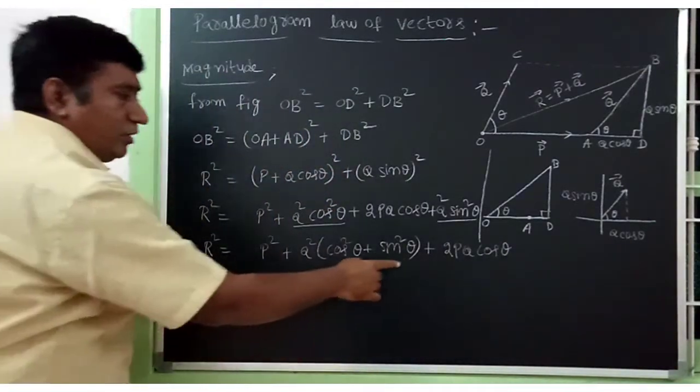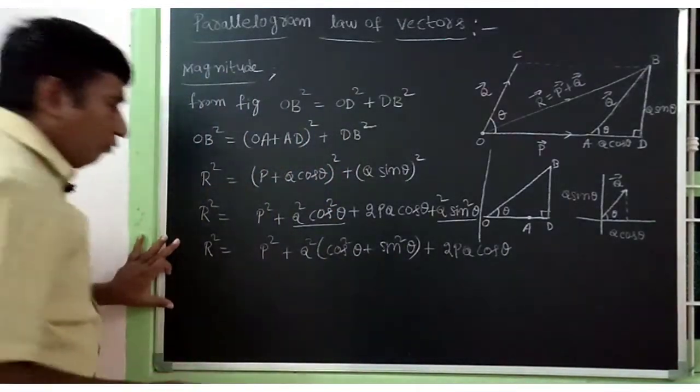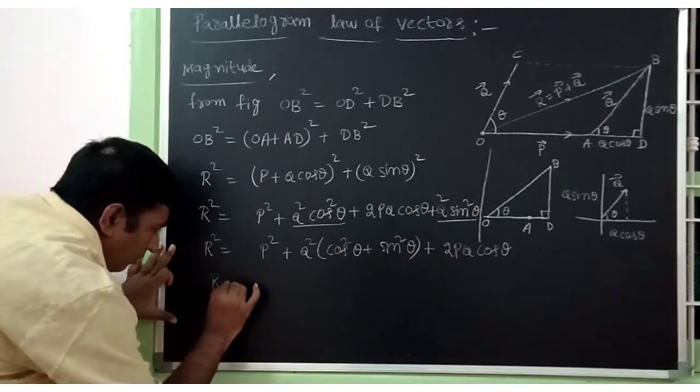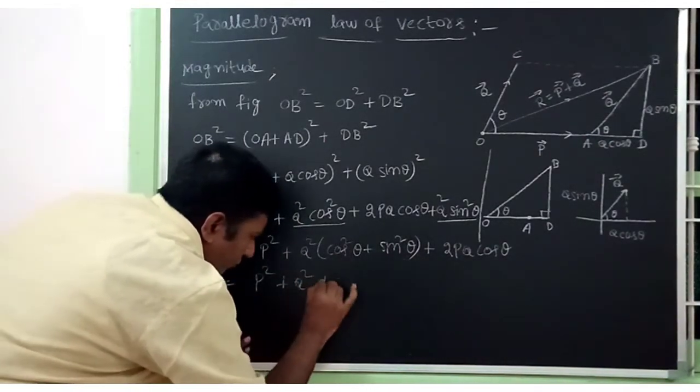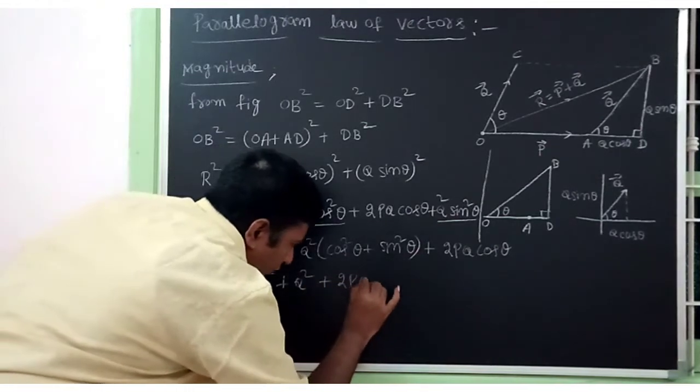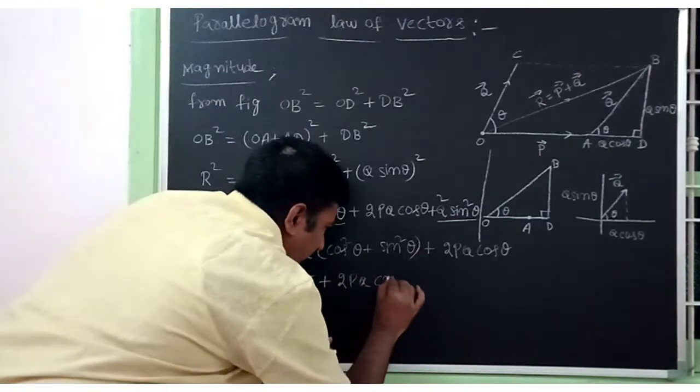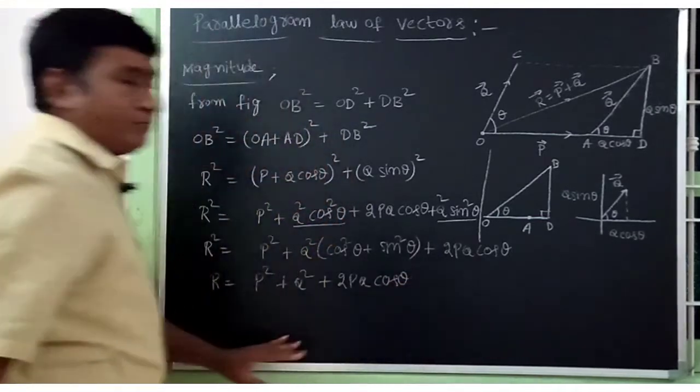Cos square theta plus sin square theta is 1. With the help of this, R square equals P square plus Q square plus 2PQ cos theta.